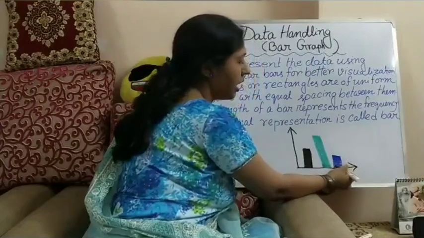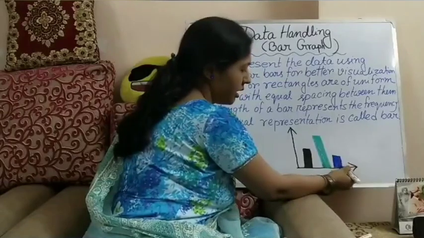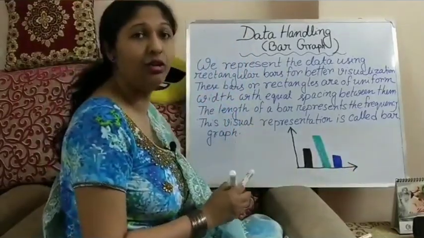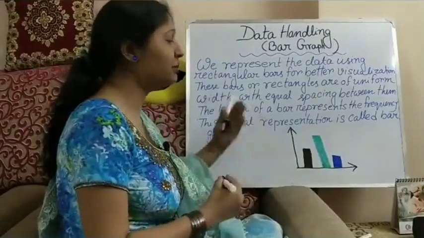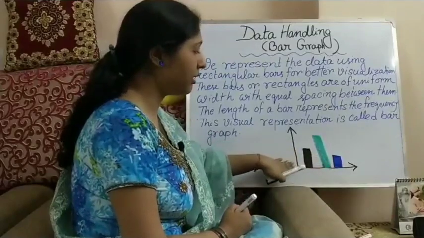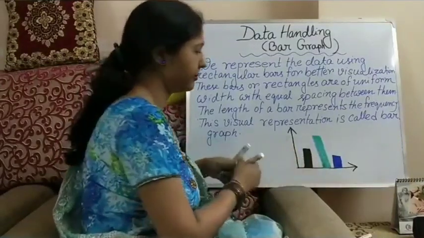So here I am drawing three rectangles and I have used three different colors to understand it better. So this is the bar graph which I have drawn in a vertical way.